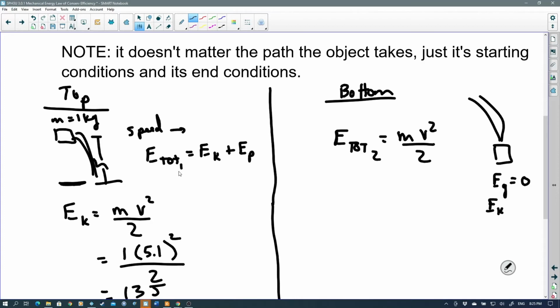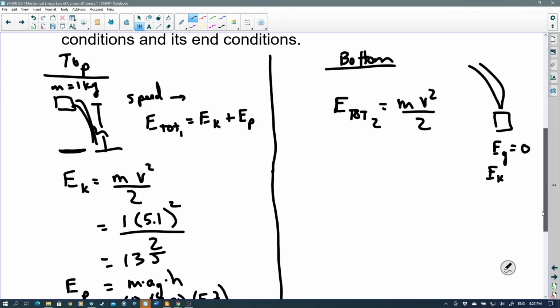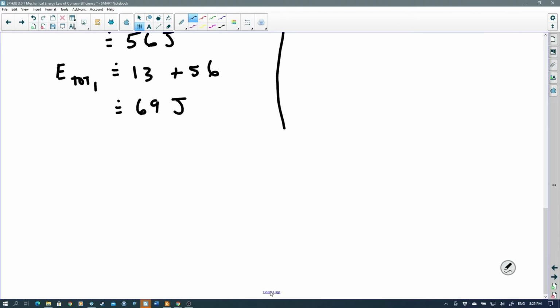Well, the total energy before has to equal the total energy after. So we can write that E total 1 has to equal E total 2 because of the law of conservation of energy. So I know that 69 joules has to equal mv squared over 2 at the bottom of the falls.